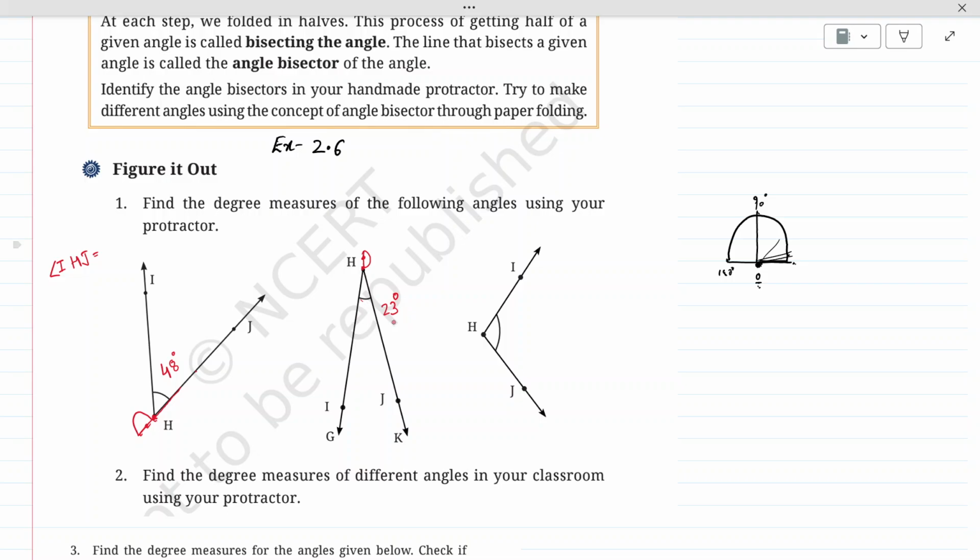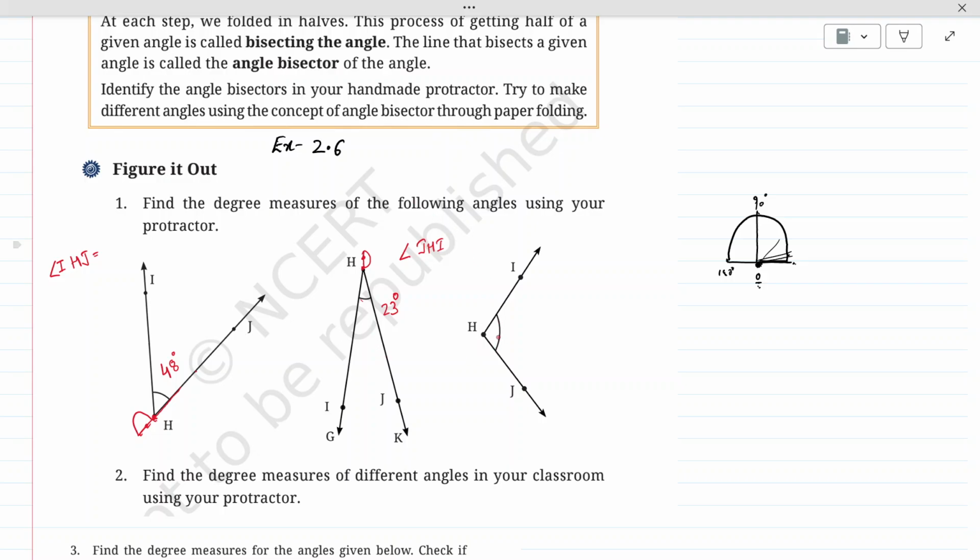So it is less than 90, again an acute angle. If I name this angle, I can name it as JHI. Coming to the next part.